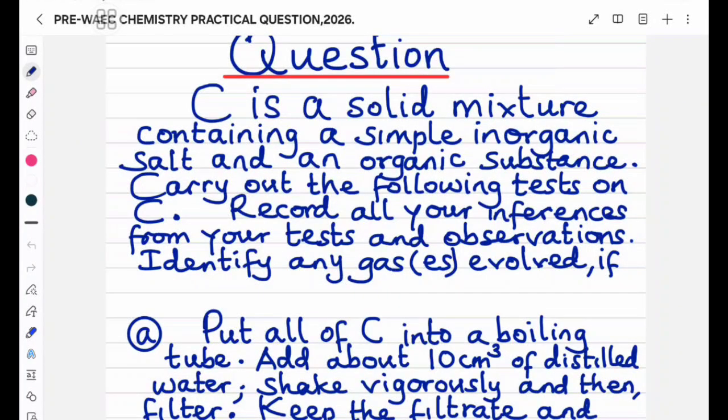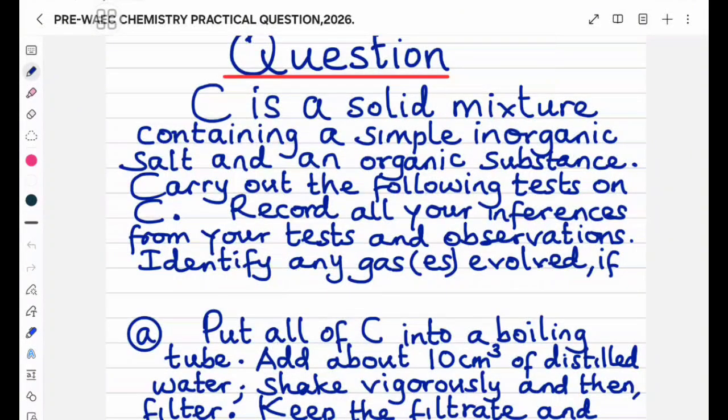For instance, sodium chloride, lead(II) carbonate, and so on. These are examples of simple inorganic salts because they consist of one positive and one negative ion or radical. Then an organic substance such as glucose, starch, and the likes.